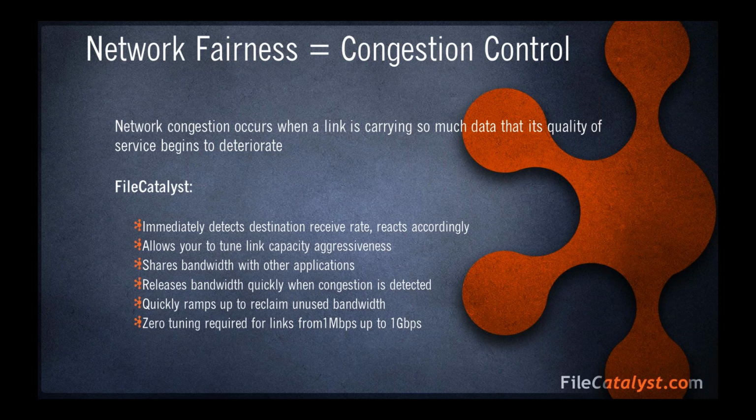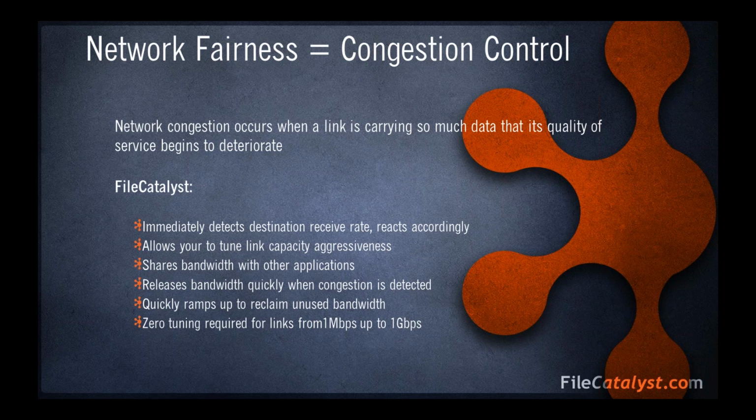You could say, go crazy and take all the bandwidth because I need this data now. Or you can say, be more lenient with other TCP traffic and allow that TCP traffic to go through. We're also very good at ramping up and slowing down.